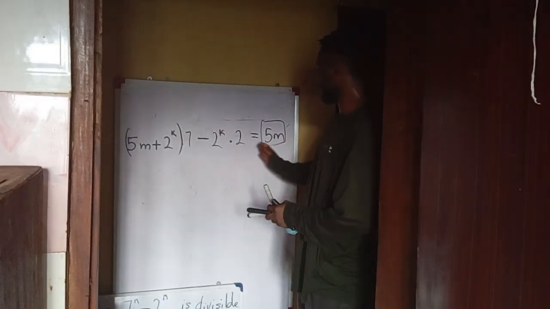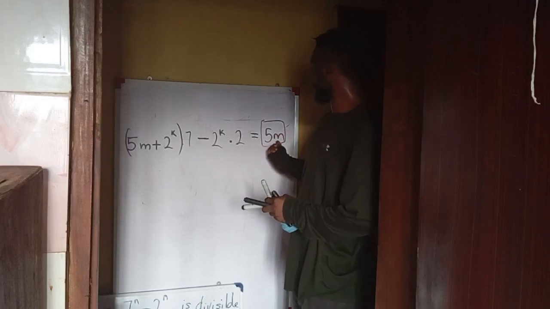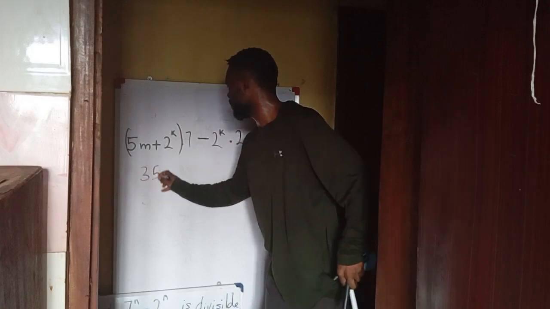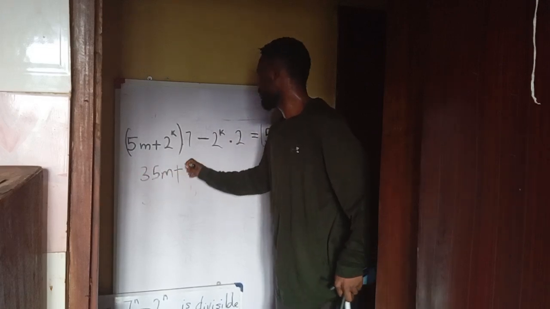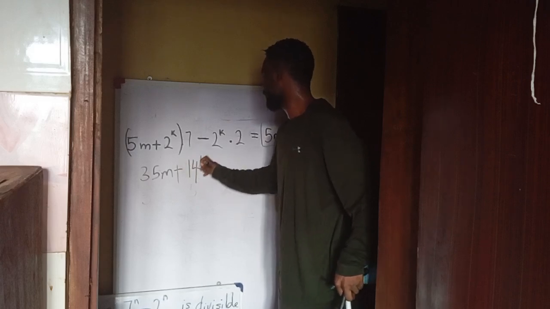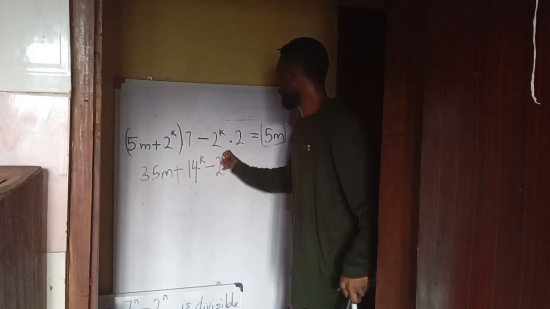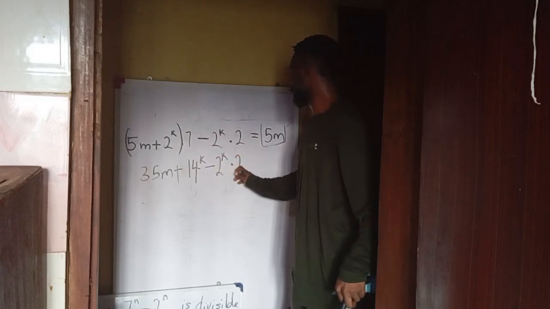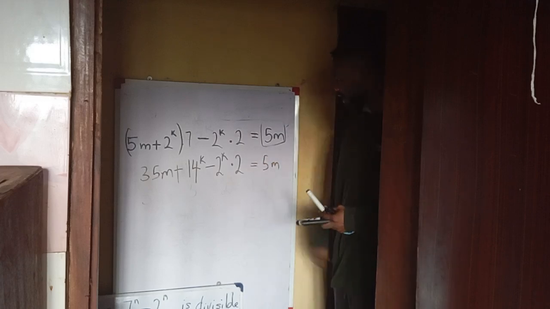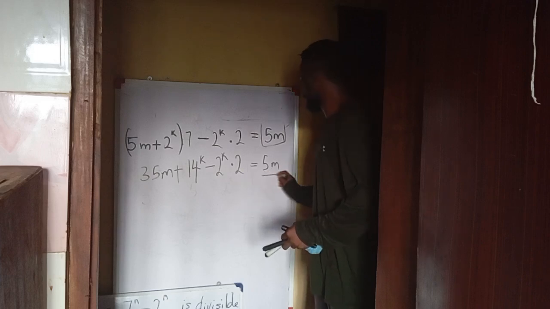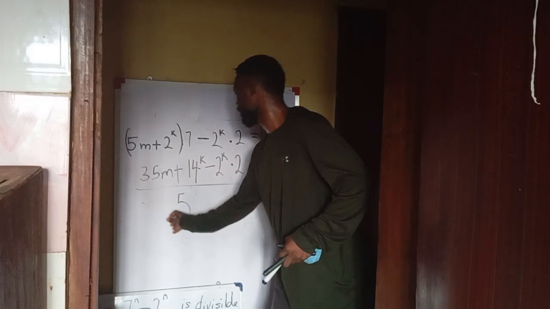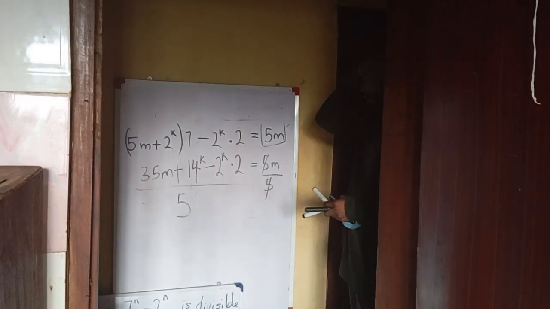So I have this now, and I can see that this is the same thing as saying 35m plus 7 or 14 raised to power k minus 2 raised to power k times 2 is equal to 5m. And you can see very well that I can say divide both sides by 5.